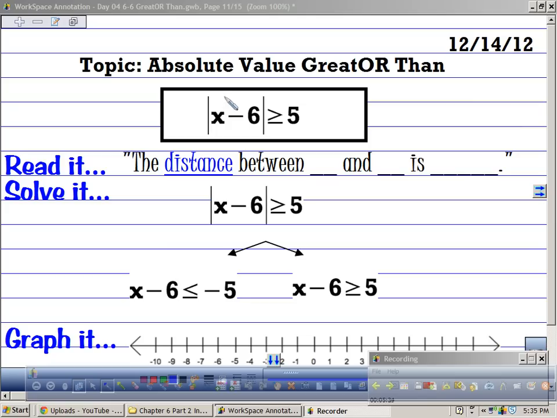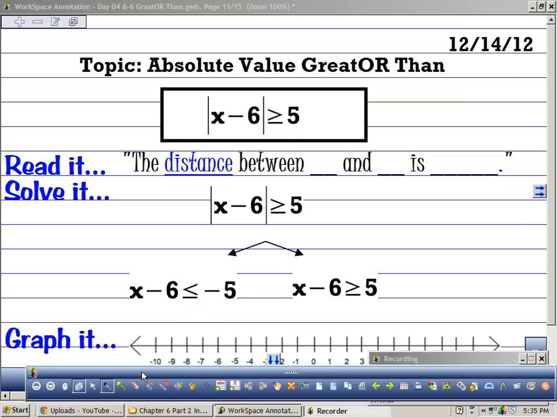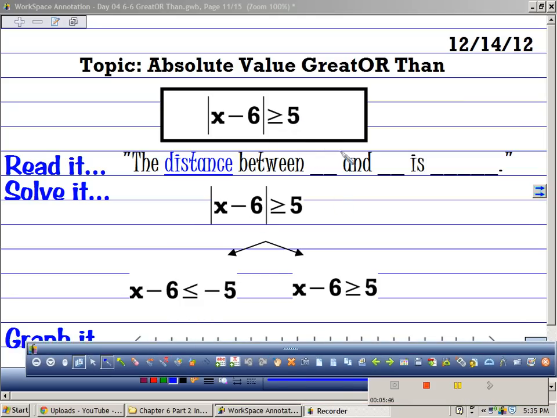So let's look at this one. The distance between x and 6 is greater than or equal to 5.